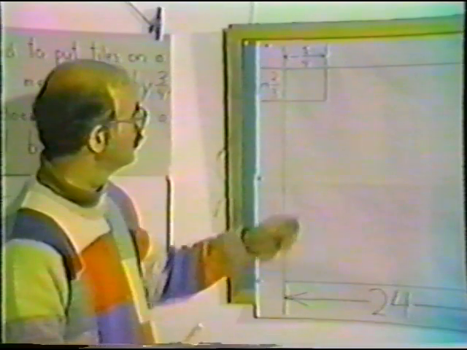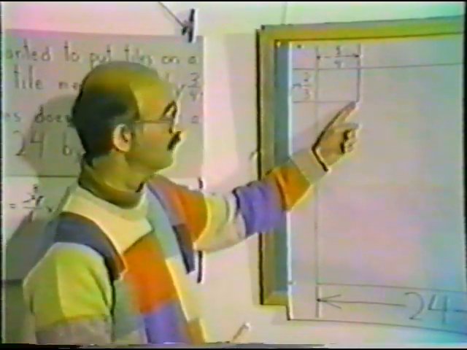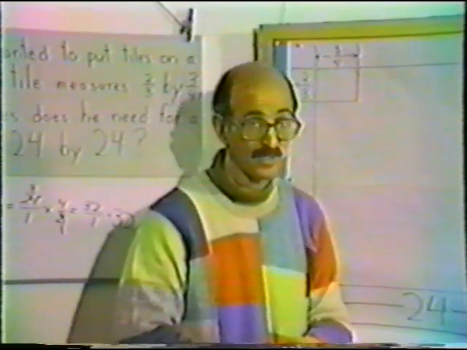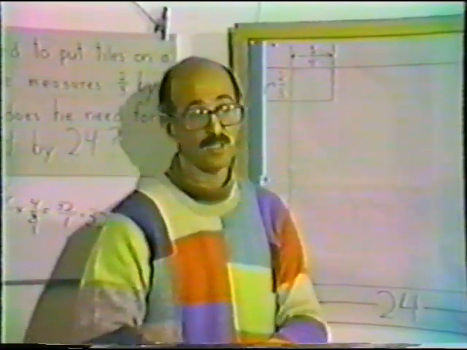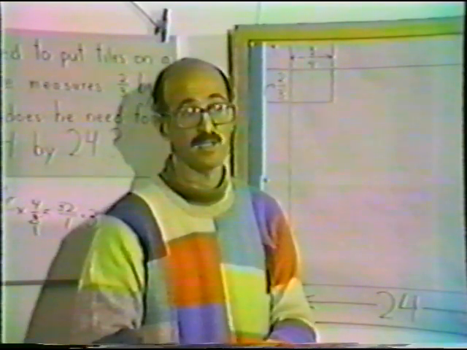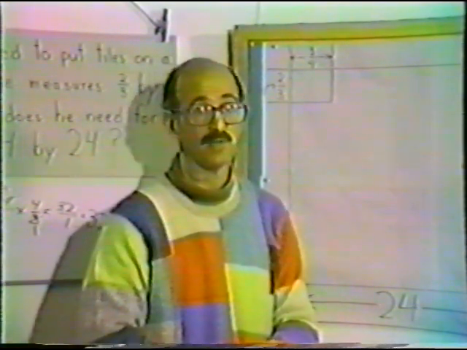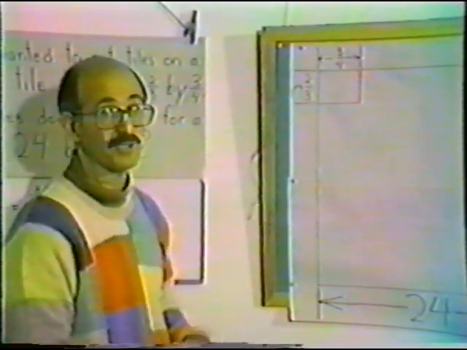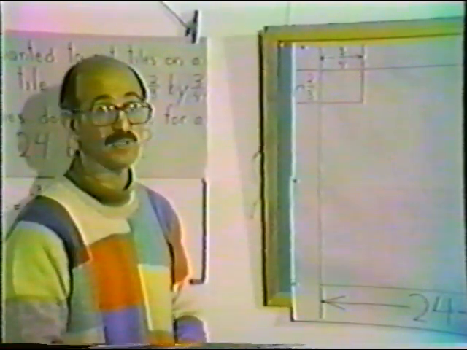You say, Uncle Dan, it doesn't look like you could fit 32 of these in that little space. Well, that's because I did not draw this to exact scale. Sometimes when you make a diagram, you have to take part of it and make it a little bit larger than it might normally be so you can see it.